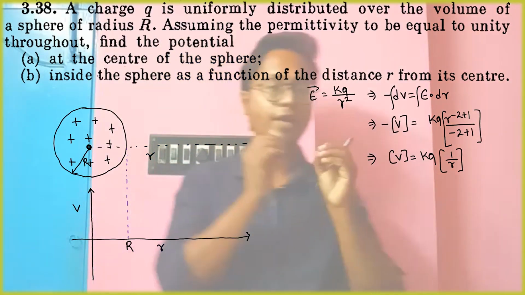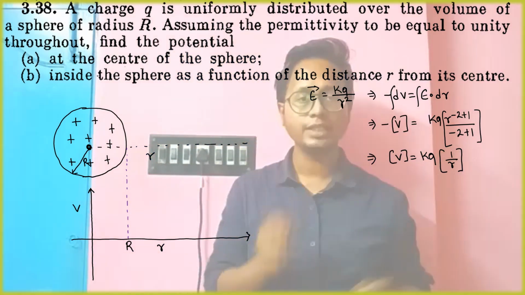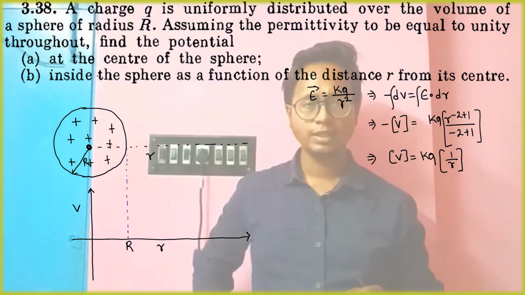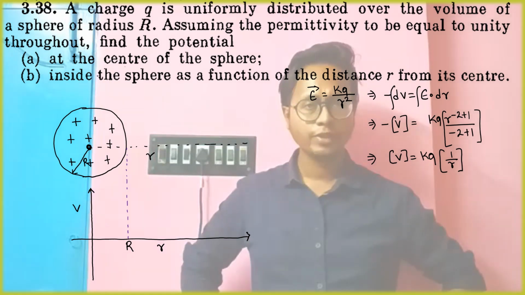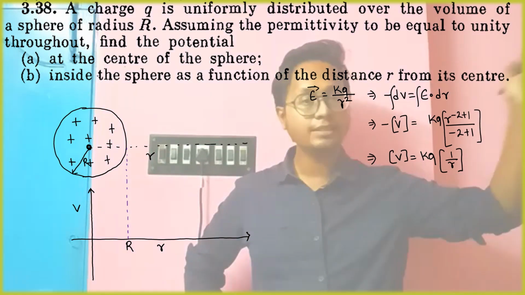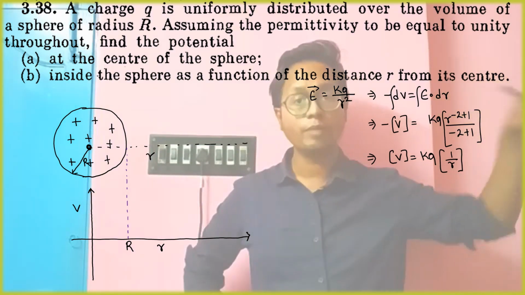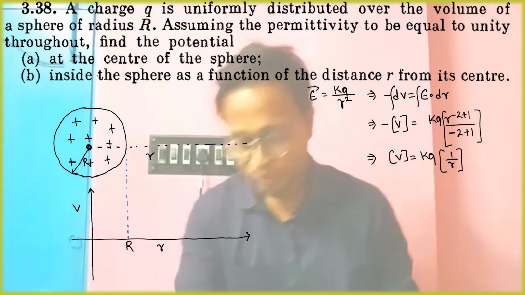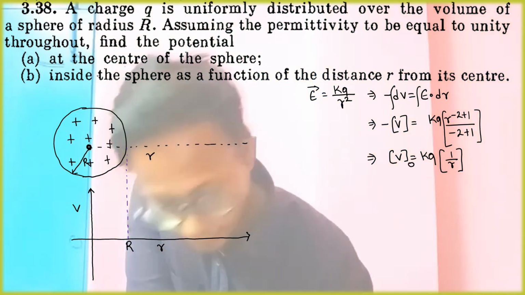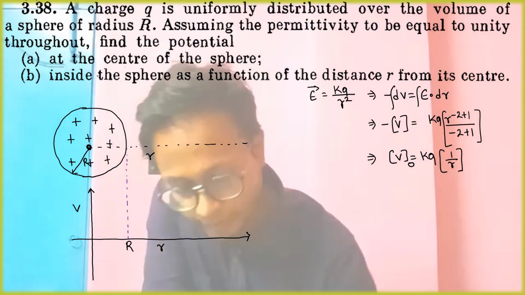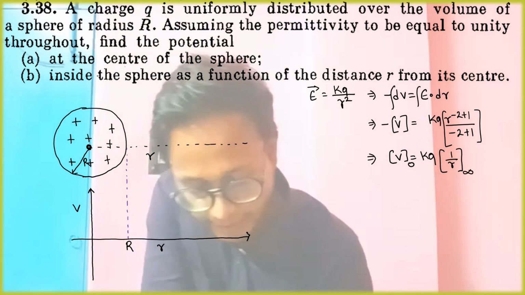At the value of r equal to infinity, the value of potential would be 0. That means potential energy at infinity is equal to 0. So that means infinity is treated as the datum line or baseline. Okay, so potential energy at infinity is treated as 0. Understood? r is treated as infinity.